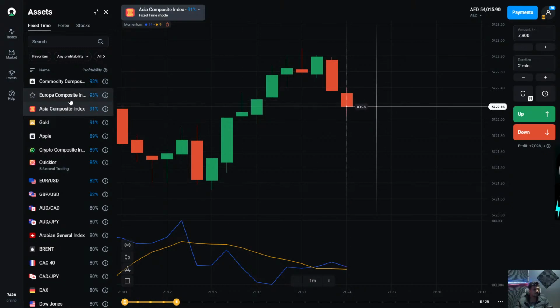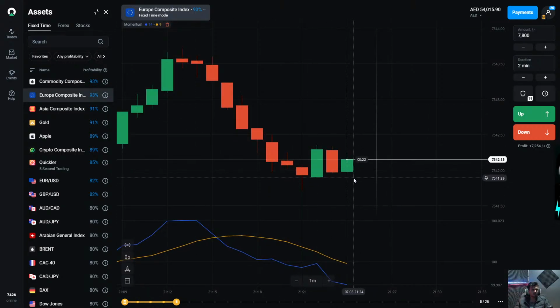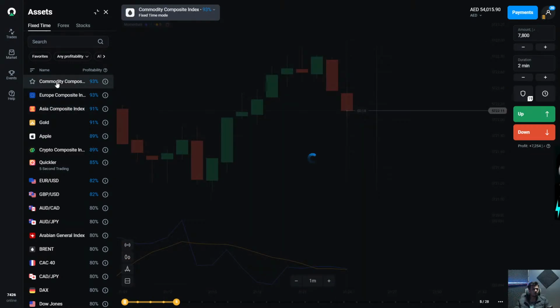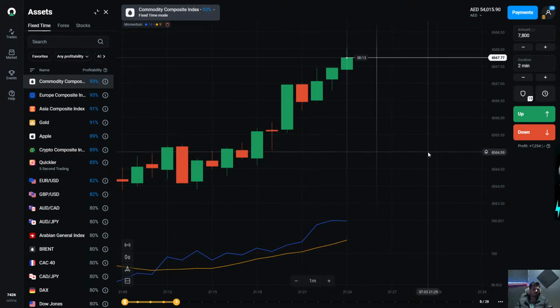So we cannot waste our time, we can look at another one as this one is still trying to move in the upward direction. What about the Commodity Composite Index? It's just moving up and up.